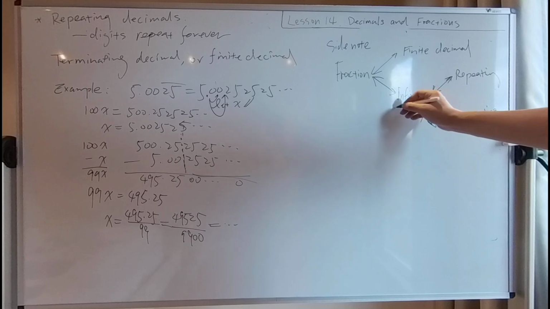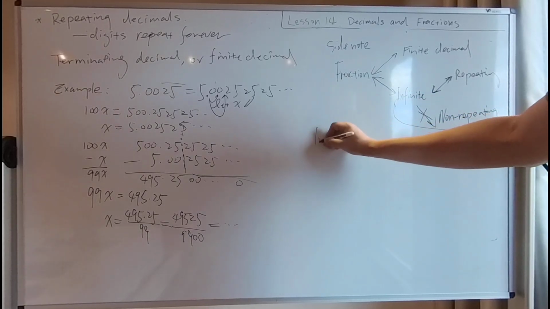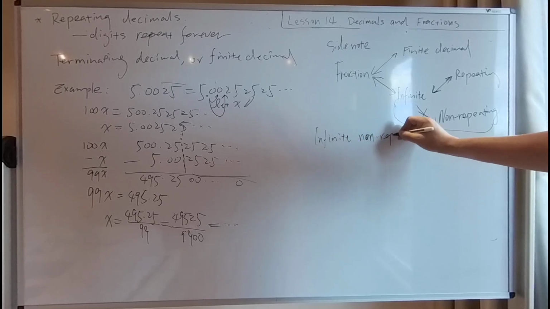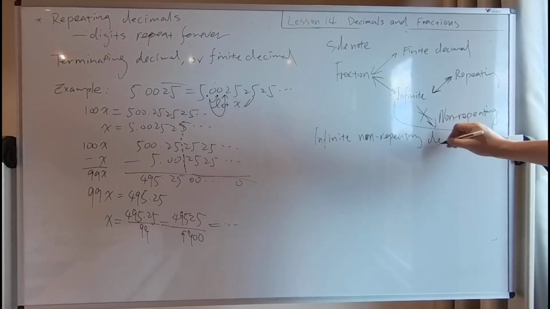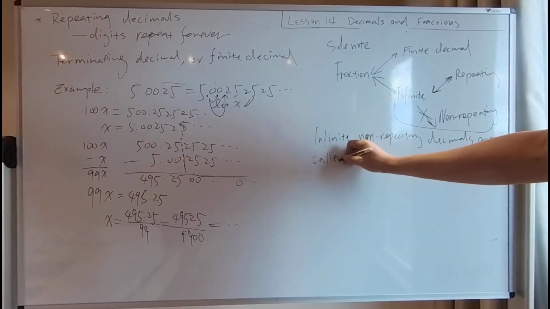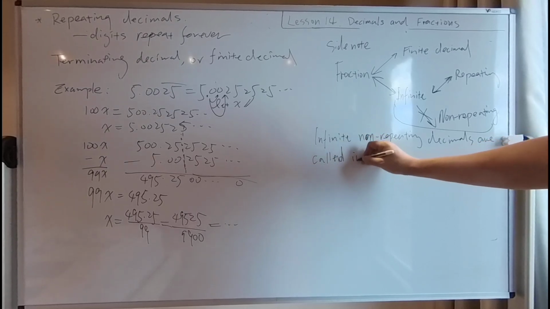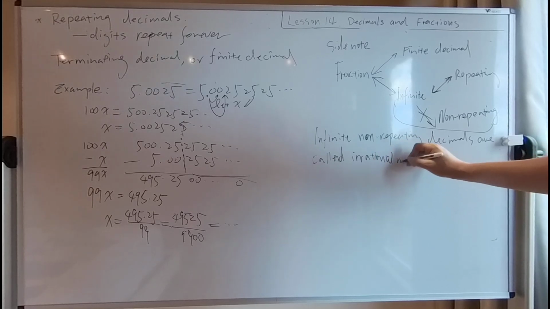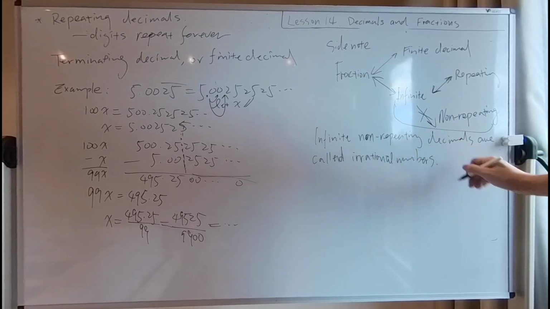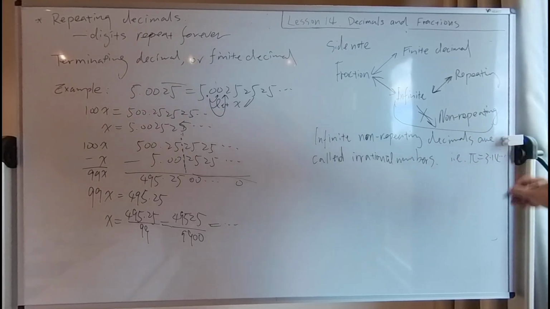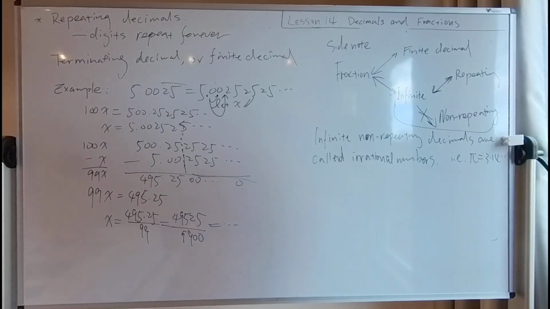This case, an infinite non-repeating decimal, is called an irrational number. Okay, irrational numbers. For example, pi, which you will learn about later. Pi is an irrational number. It has infinitely many decimal digits, but it is non-repeating.